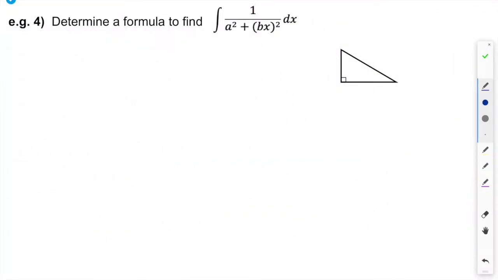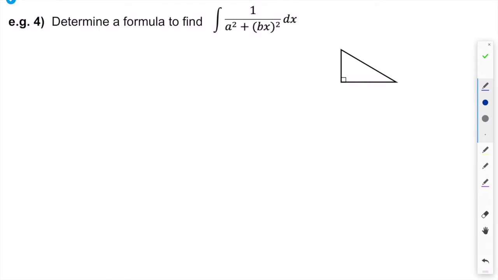Using the experience that you had in example 3, let's look at example 4. Determine a formula to find the integral of 1 over a squared plus bx squared dx. When you have the addition of the two so-called square terms, you may recall that this is related to a substitution for a tan u.